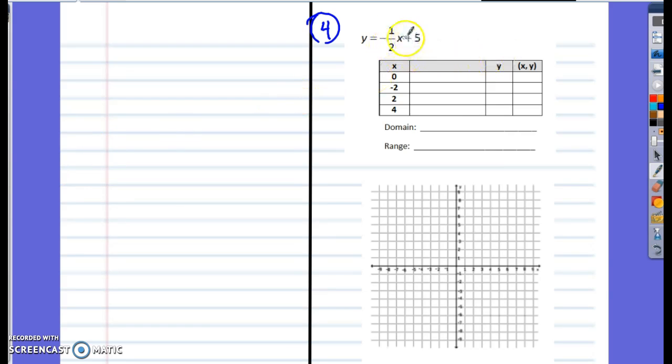Alright, so this time we have a fraction as a coefficient. Same thing though. Let's plug these numbers in for x. So we have -1/2 times 0 plus 5. That gives you 0 plus 5, which is 5. So the first ordered pair would be (0, 5).